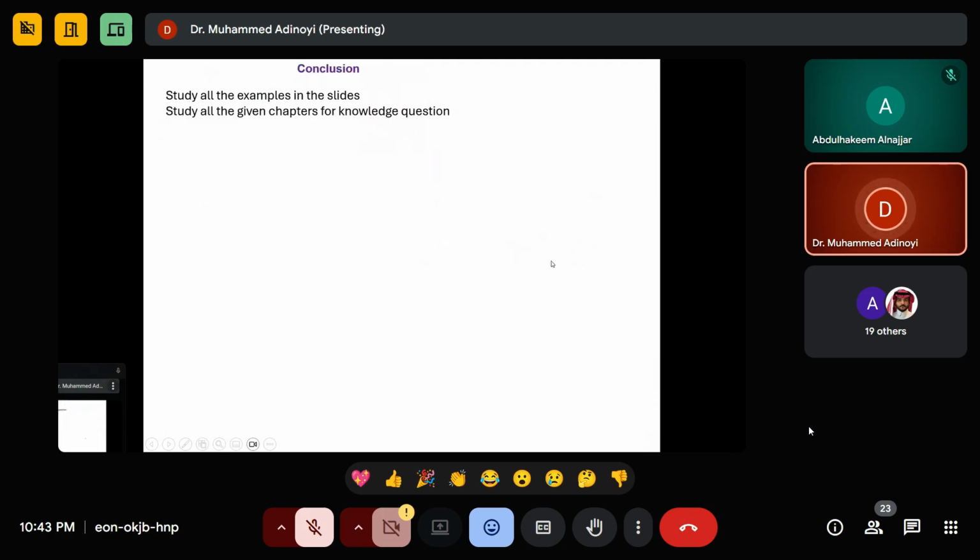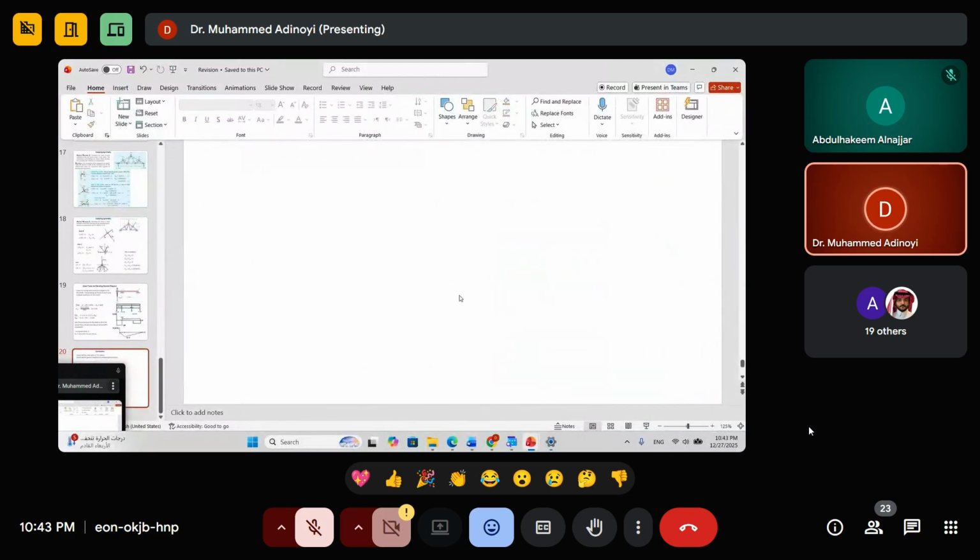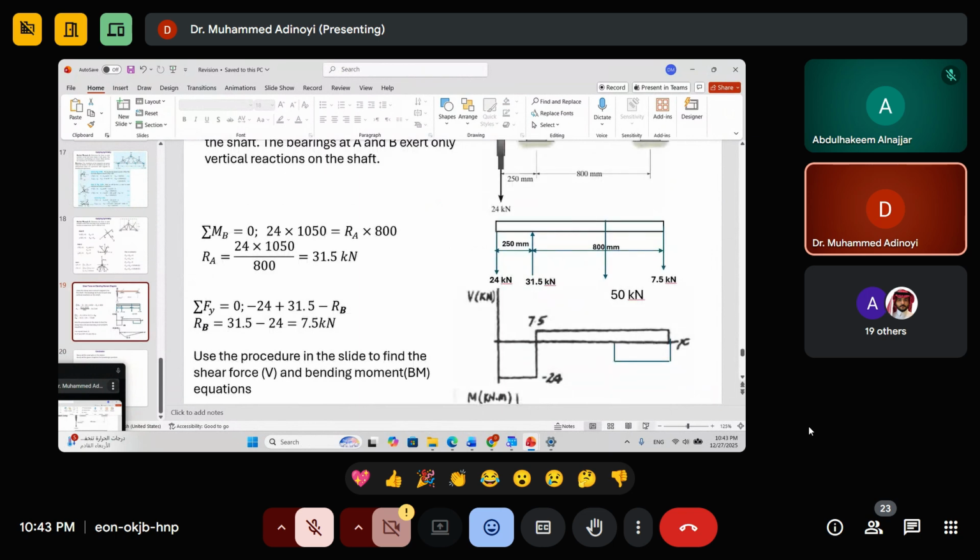But if it was up, let me make this one to be 10. So if this one is 10, what will happen? This becomes 2.5, right? Which is something like this.